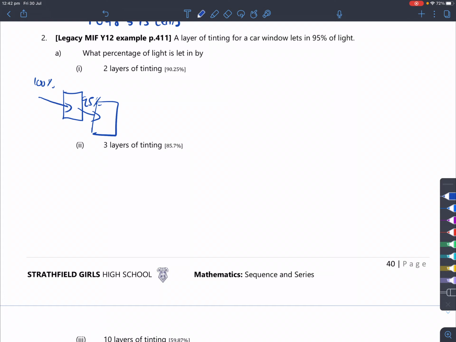So this means that we should do 95% of 95%, which is 0.95 times 0.95. That would equal 0.9025, which is equal to 90.25%.